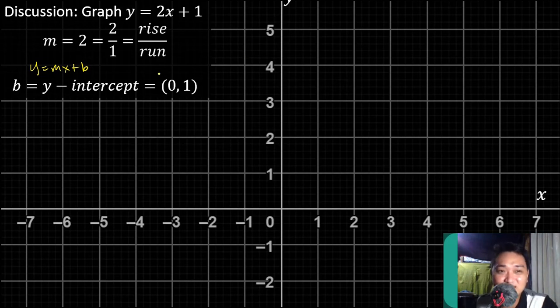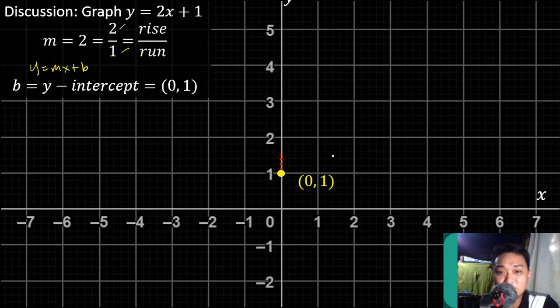Okay. Now, we have a y-intercept and we have a slope. We will start at the y-intercept and then make use of the slope to find the other points. If our y-intercept is at (0, 1), and we know how many up and how many right, we will just count. How many up, or how much rise, do we have? Two.